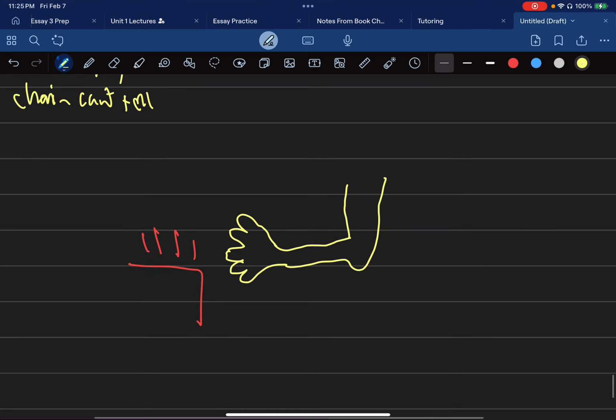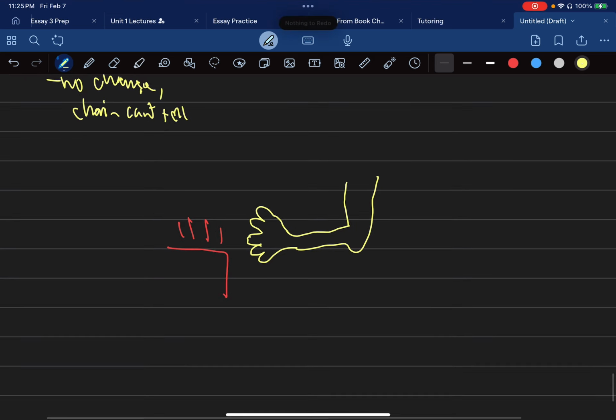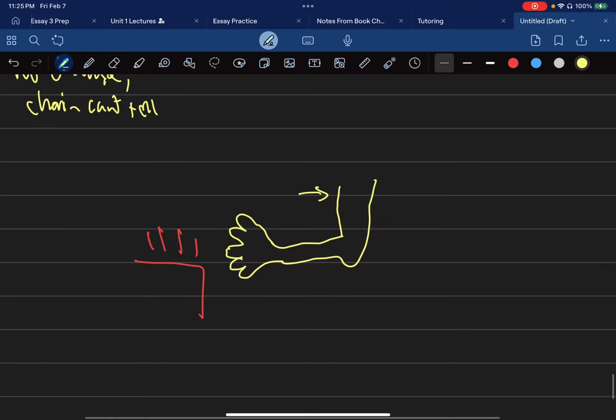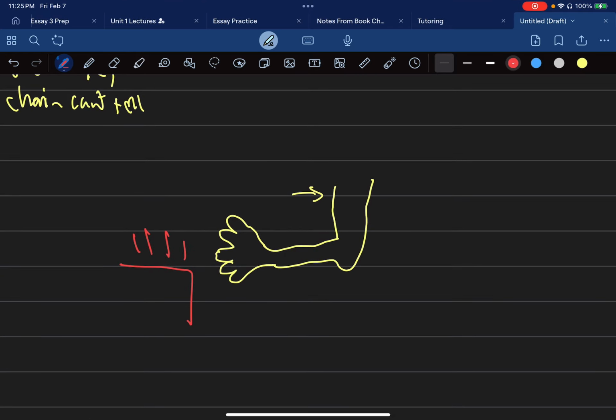What's going to happen is if you touch it, these neurons right here, these sensory neurons, are going to send a signal all the way back to the spinal cord. They're going to come here, synapse, and then they're going to send a message back to your bicep to contract, to get your hand up and away from that hot surface.